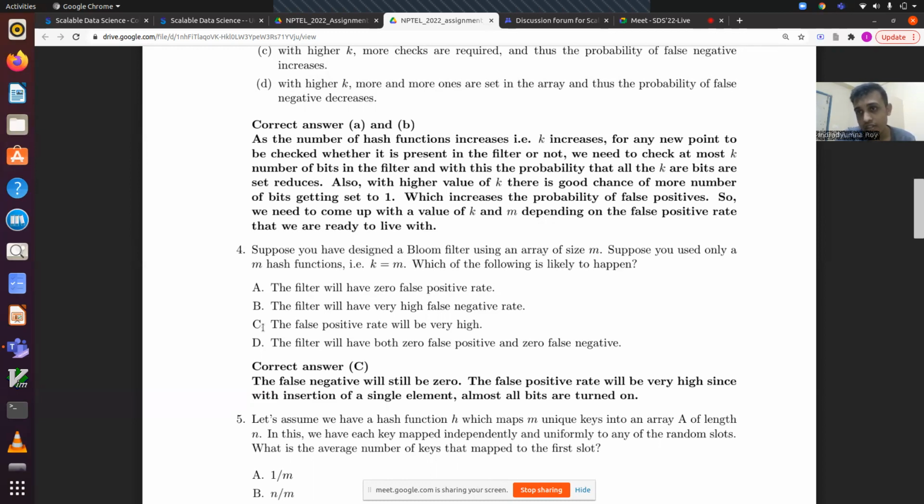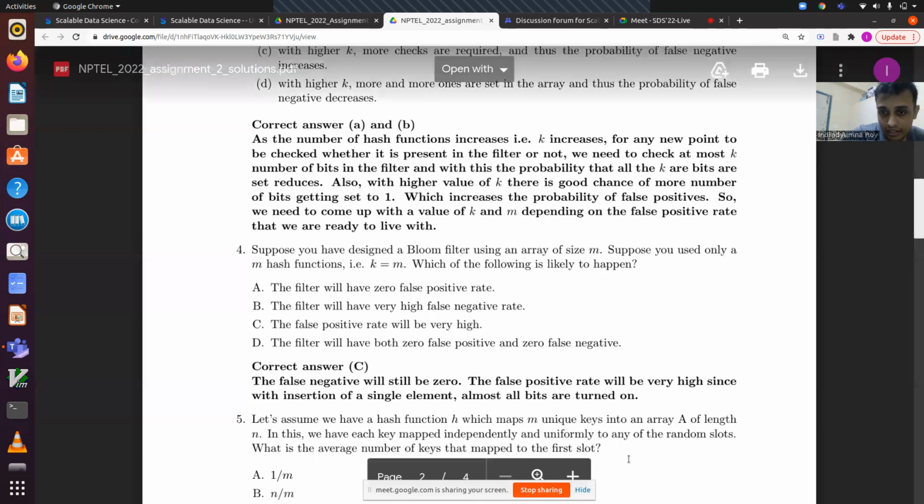If there are m hash functions and they randomly choose m positions, then even if we insert only one element, all the m positions will be set to 1 randomly. Is that convincing? Okay. So if you have only one insertion and all bits are set to 1, then the number of false positives is very high, because any number that comes after that, it will say that yes, it is inside the Bloom filter. So that many hash functions is not good for that many bits.